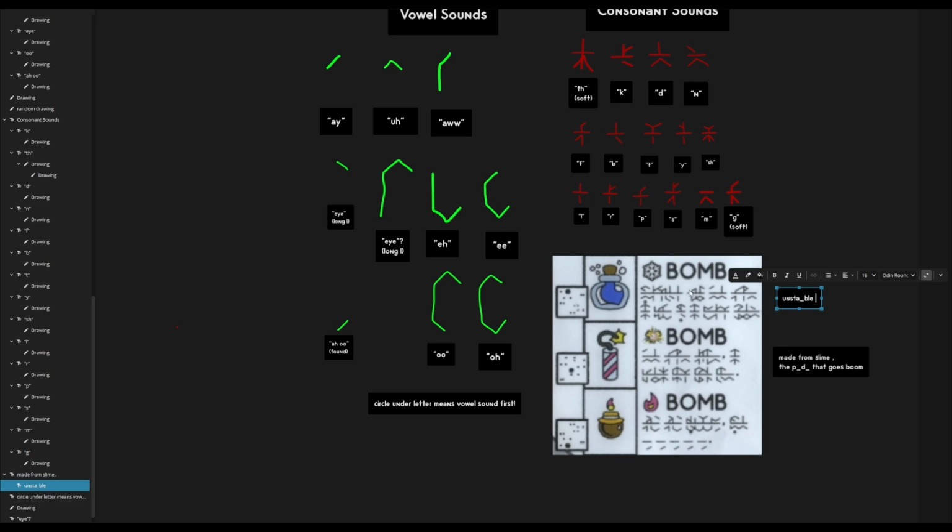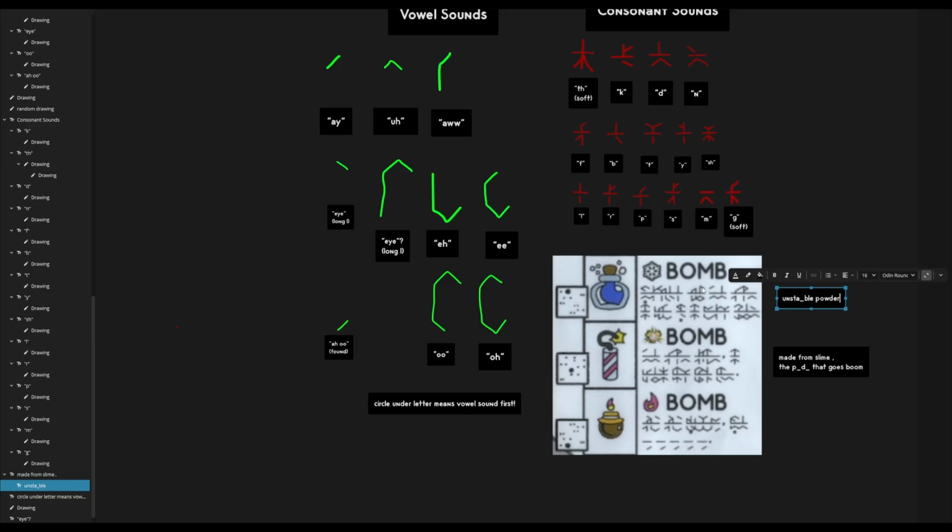I need to get better at P. What is this? We have this as a D. And I don't know what this is. Powder. So is this A?